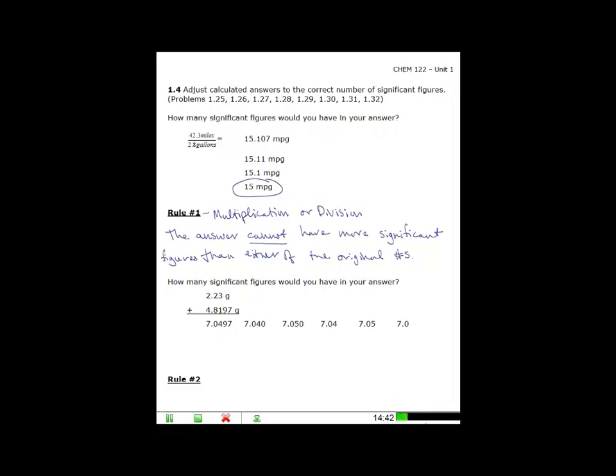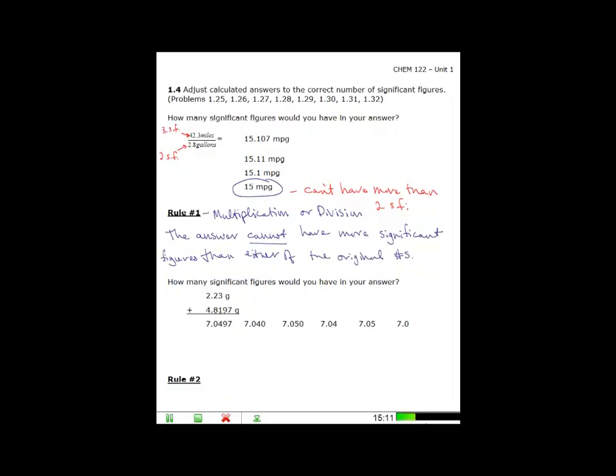So let's look at the original numbers here. This number has 3 sig figs. This number has 2 sig figs. So our answer can't have more than 2 sig figs. So that's why 15 was used. If we used 15.1, that would have one extra significant figure.